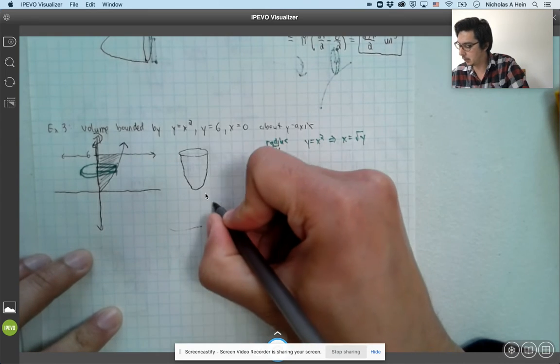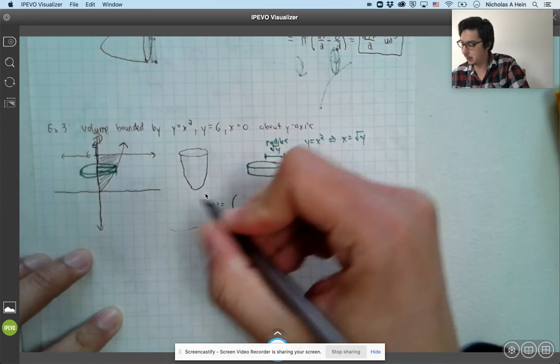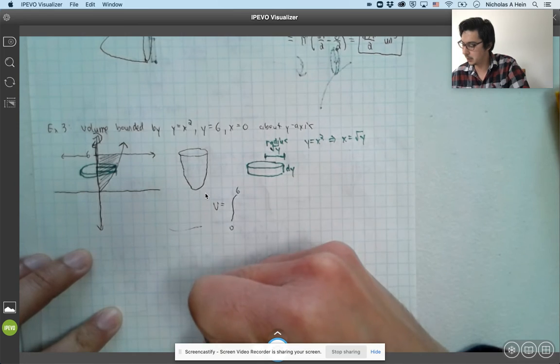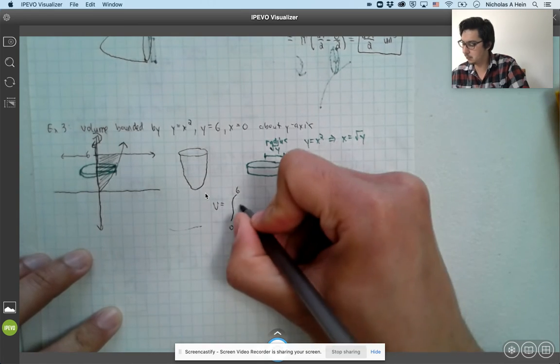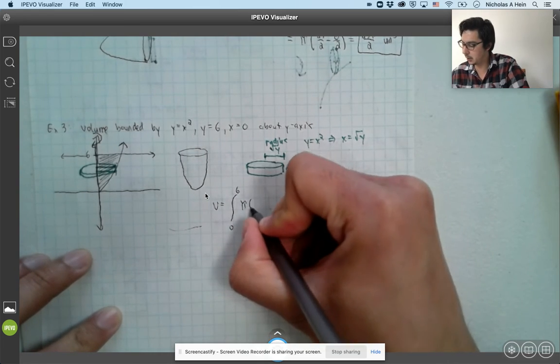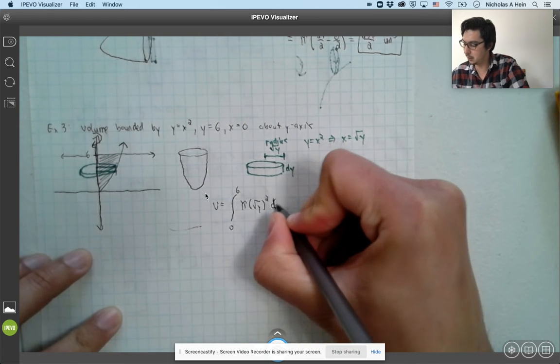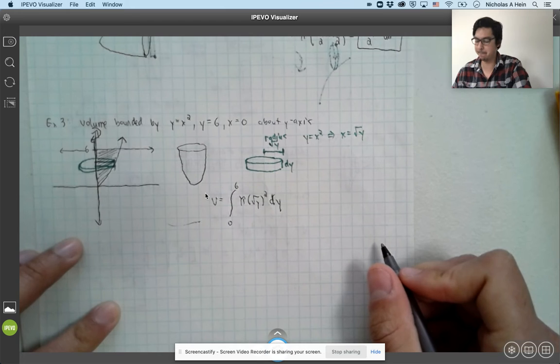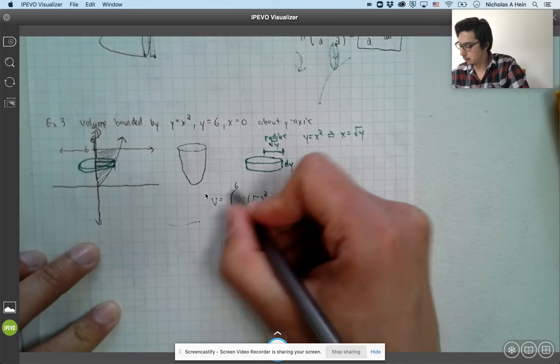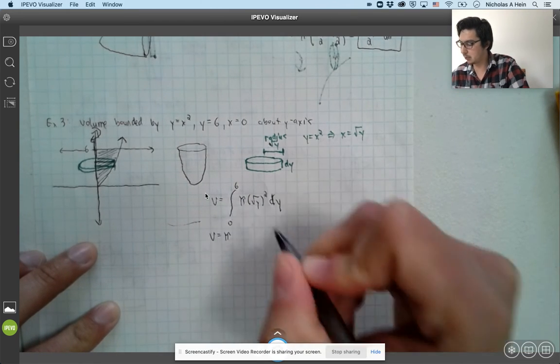So now to evaluate the volume of this solid, it's going to be the integral from 0 to 6. And the volume of every cylinder is going to be pi times the radius squared times the height, dy. Okay. And this one is going to work out much like the last one.